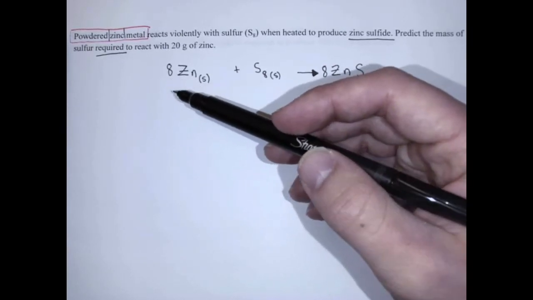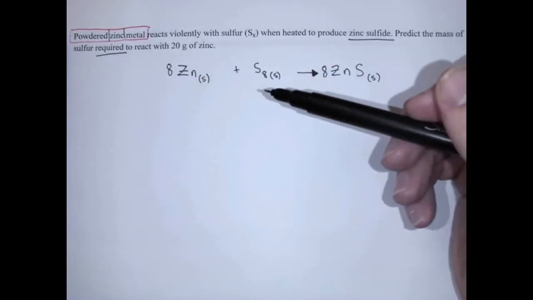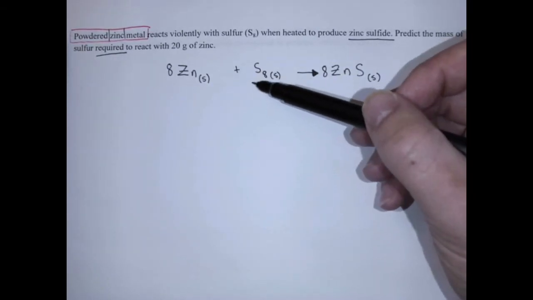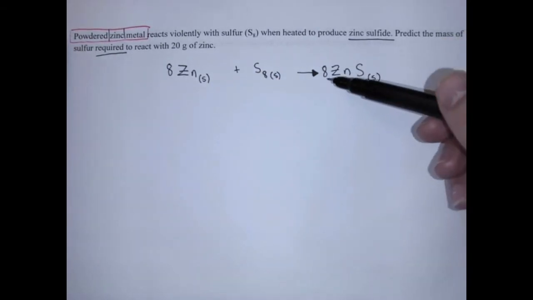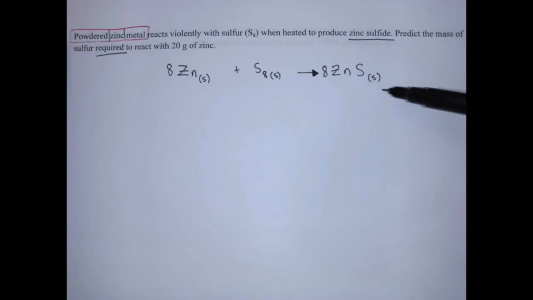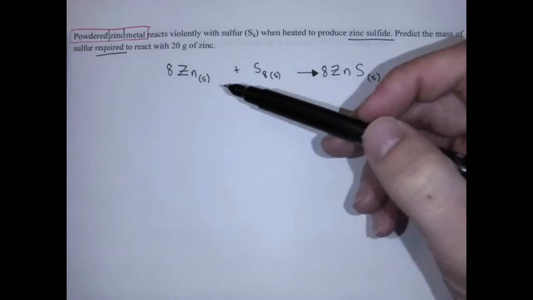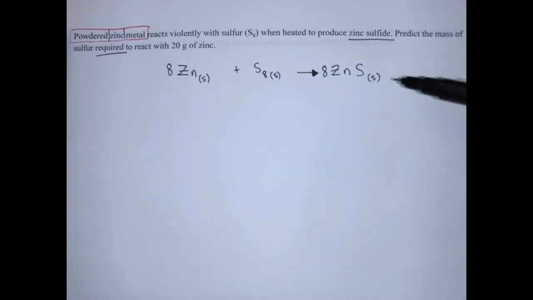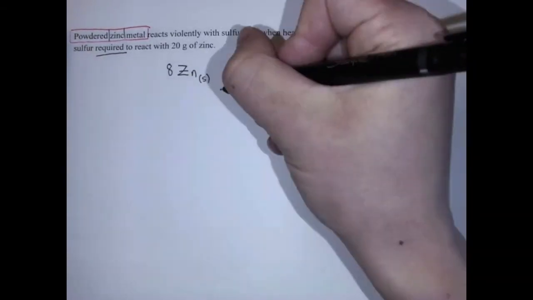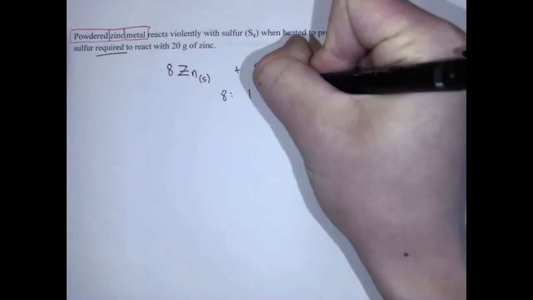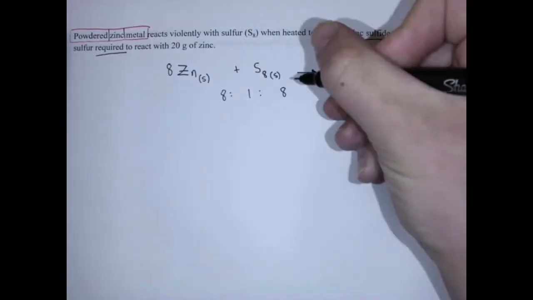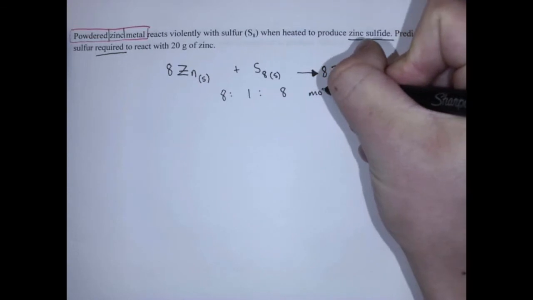So we could say here that we have 8 moles of zinc plus 1 mole of sulfur is required to make 8 moles of zinc sulfide. So the mole ratio here, for the whole reaction, is 8 to 1 to 8. So it's an 8 to 1 to 8 mole ratio.